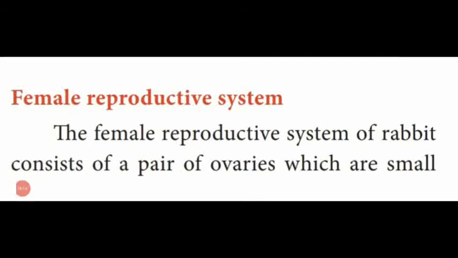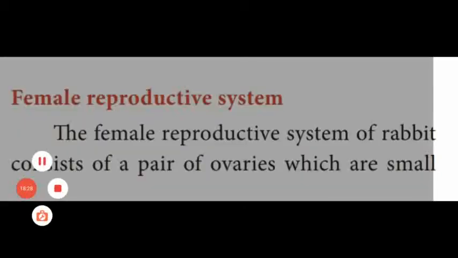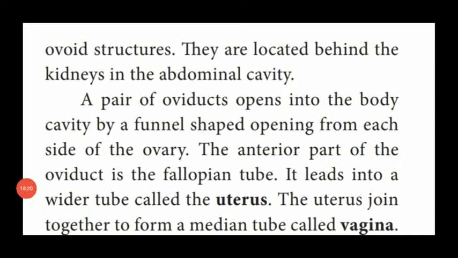Next, we are going to see the female reproductive system. It consists of a pair of ovaries, which are small and ovoid in shape. These ovaries are located below the kidney in the abdominal cavity.